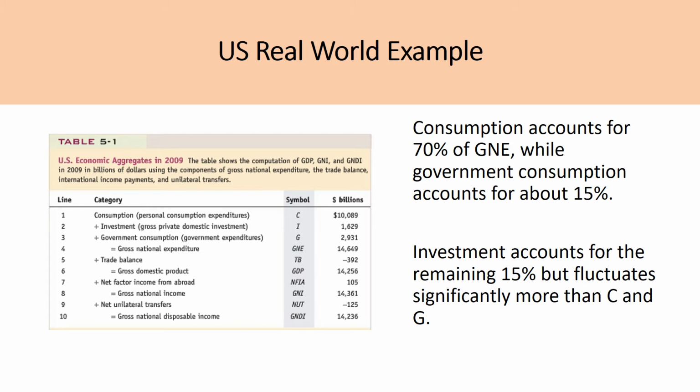Now, investment accounts for about the remaining 15%, but it fluctuates much more than C and G. So whenever you see a big increase in GNE, usually the big driver of that change comes from investment, right? It's very pro-cyclical. If the economy is performing very well, investment will make up a much larger percentage of GNE. And if there's a recession, the percentage of investment will probably be much lower.